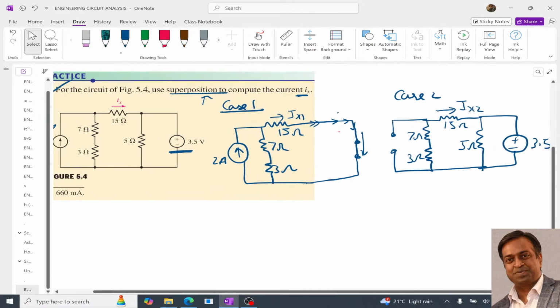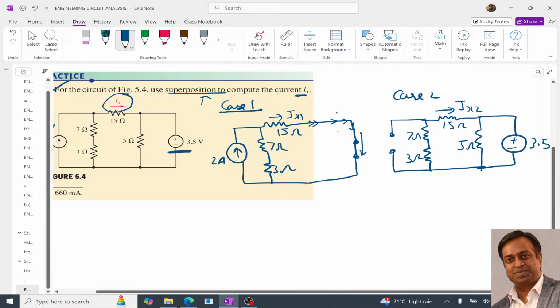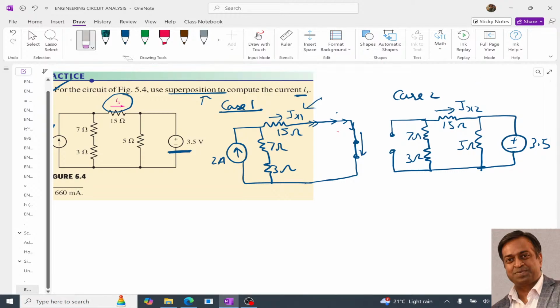I keep the direction of Ix1 and Ix2 in the same direction, so that whatever values we get for Ix1 and Ix2, we will simply get the value of Ix as Ix1 plus Ix2, right?